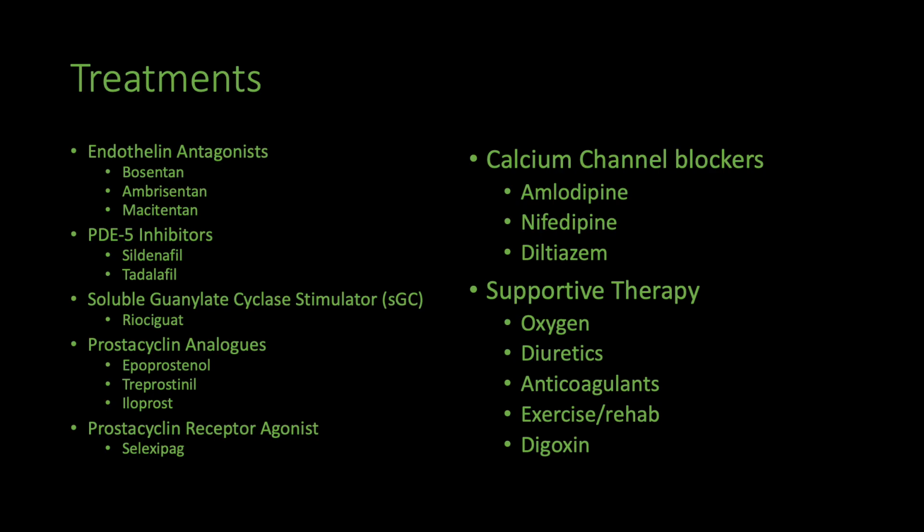Then there's only one FDA approved medication here that helps in decreasing that vasoconstriction, which is the Real, the soluble guanylate cyclase stimulator. So you could see the word stimulator here.